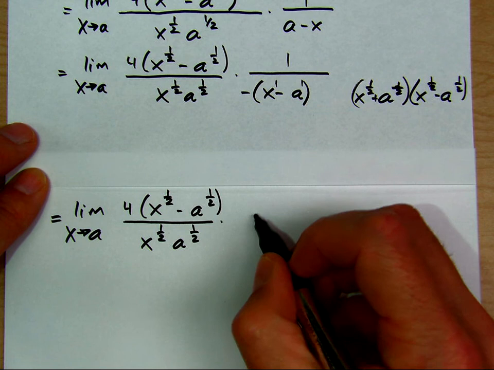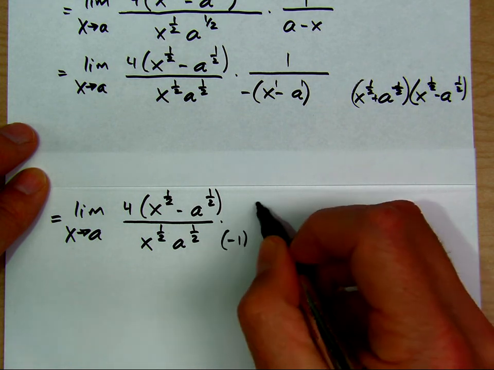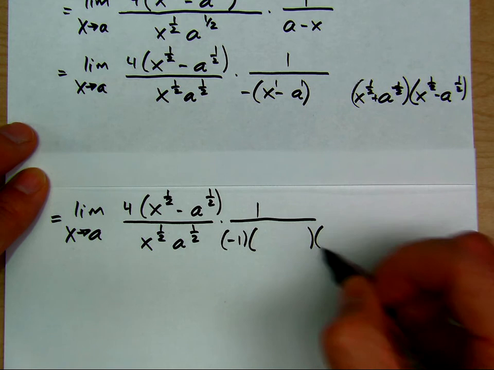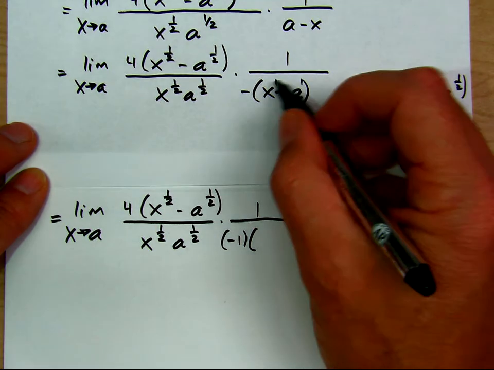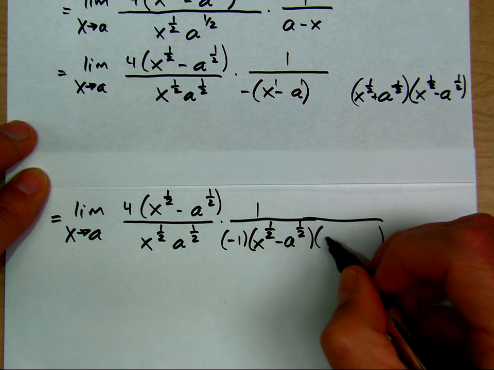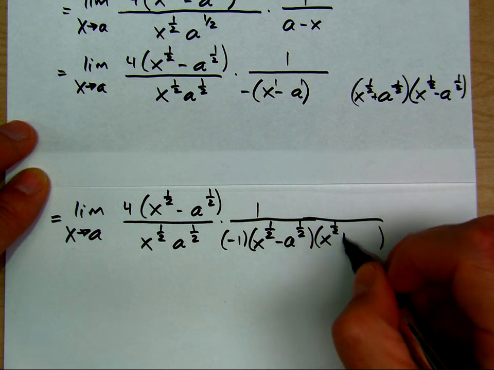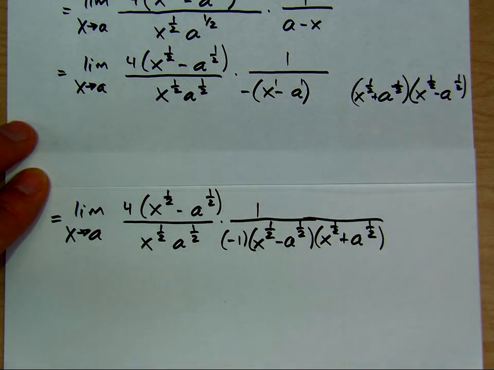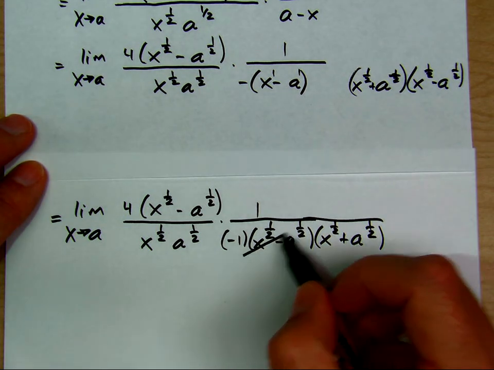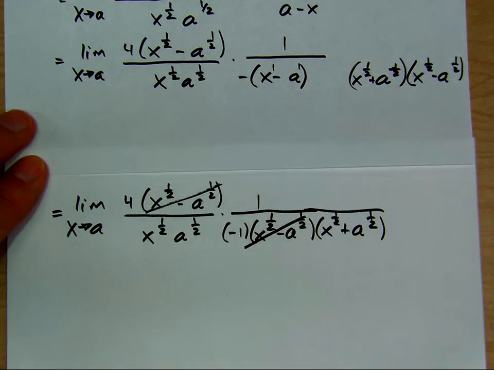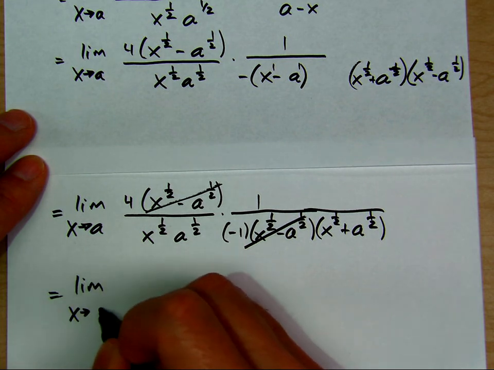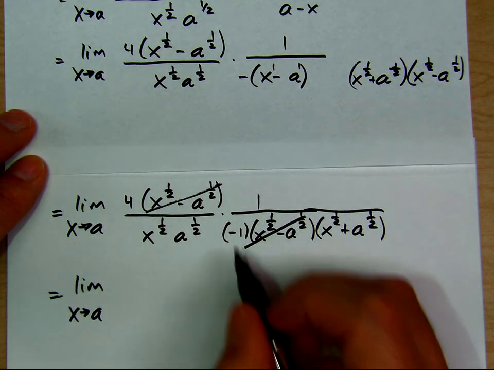And we have a -1 here. Let's factor that. And then we can cancel this. So we have a -4.